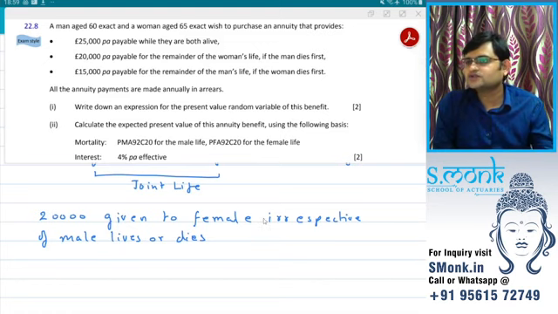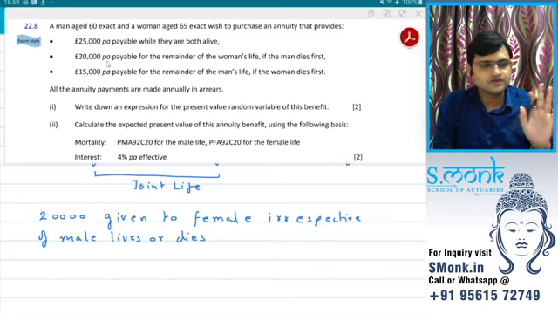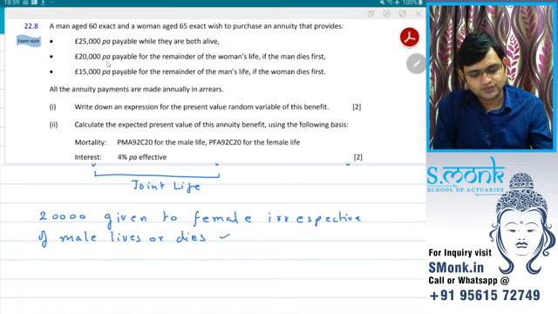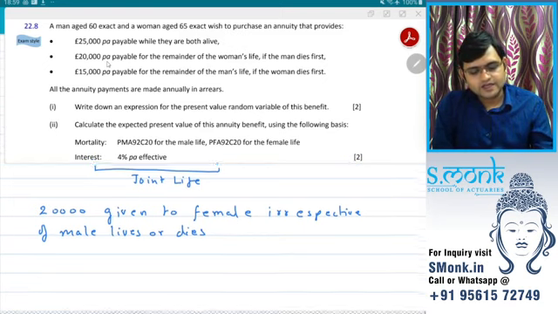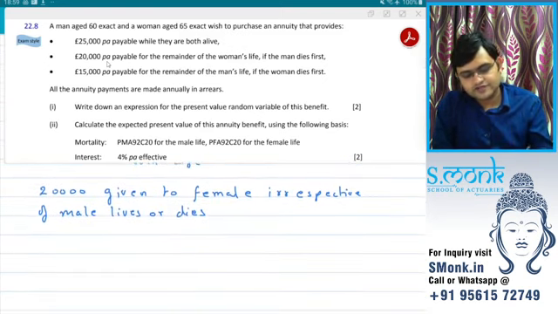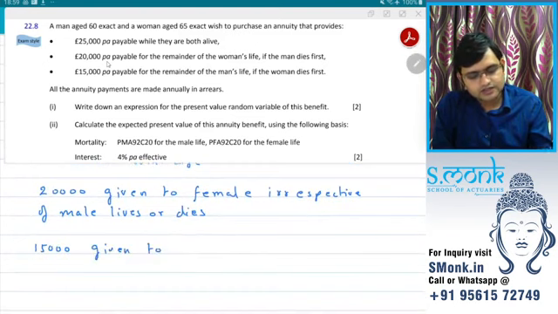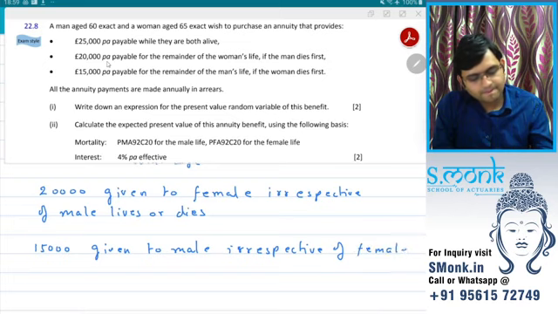That is not what they have said here. They've said starting from the man's death, then the woman gets 20,000. That is what is given here. But let's assume 20,000 is given to female irrespective of male lives or dies. Similarly, I will say 15,000 given to male irrespective of female lives or dies.